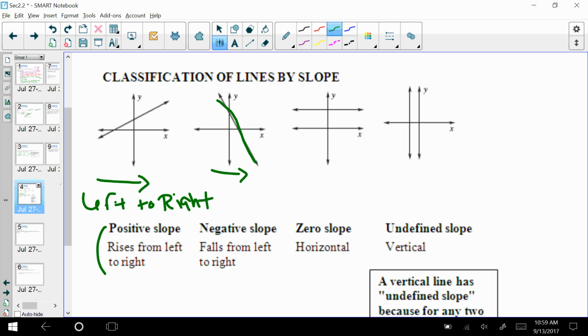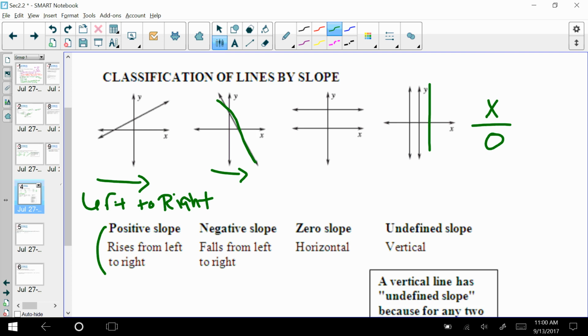If it's a horizontal line, that means it has a 0 slope. It's not going up and it's not going down. And if it's a vertical line, like this vertical line, it's undefined because you cannot divide a number by 0. And in the vertical slope, our rise, our change here, could be any number, but it doesn't change horizontally.